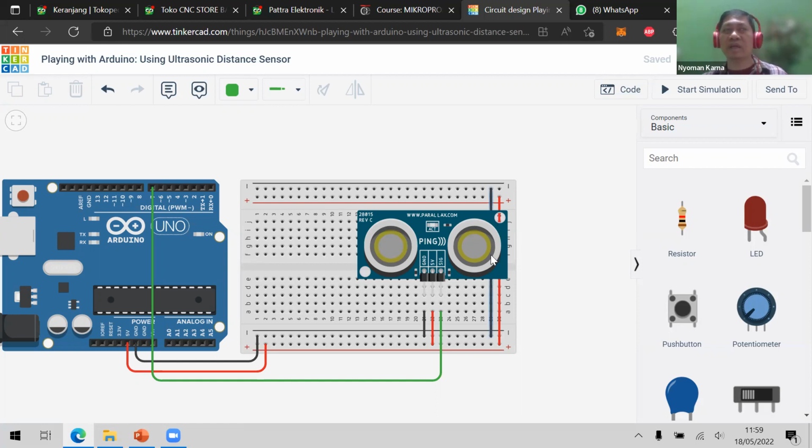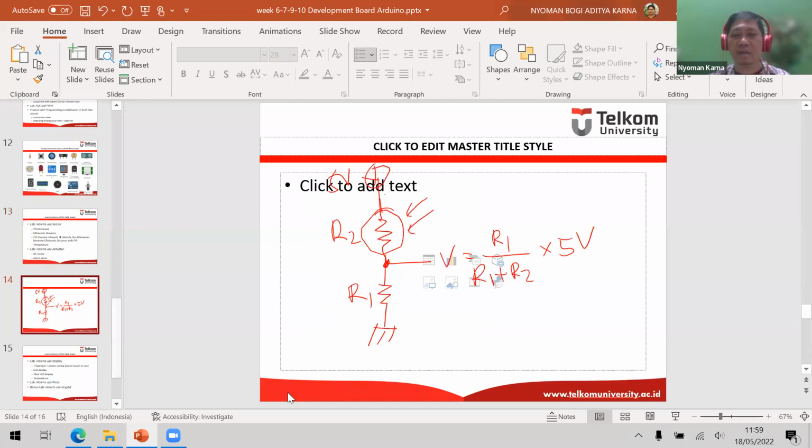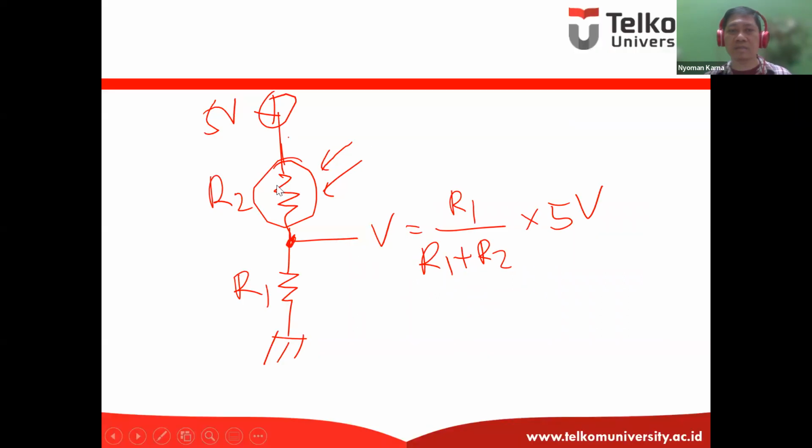And based on the time difference between when it transmits the ultrasonic sound and when the sound is received by the other sensor, it can measure the distance. So it's something like this.